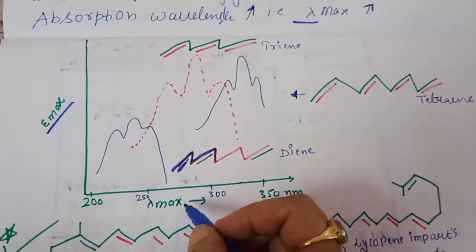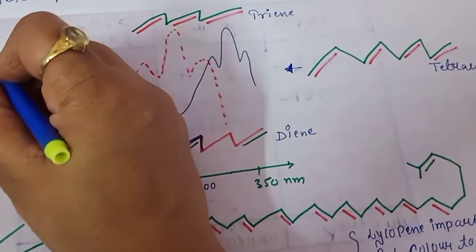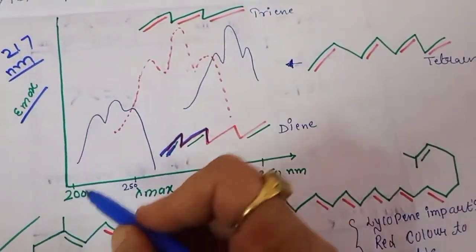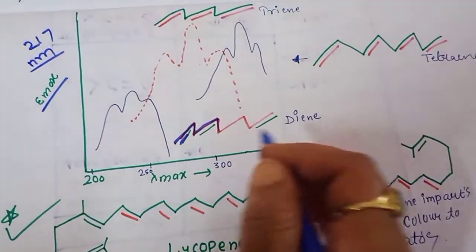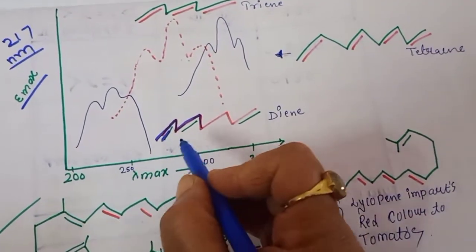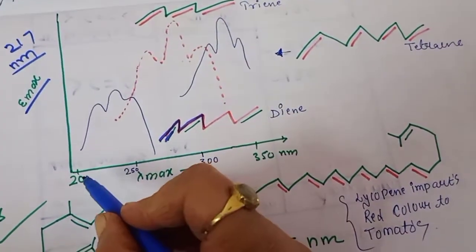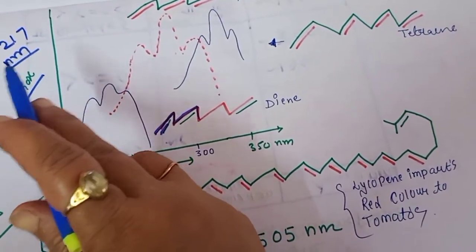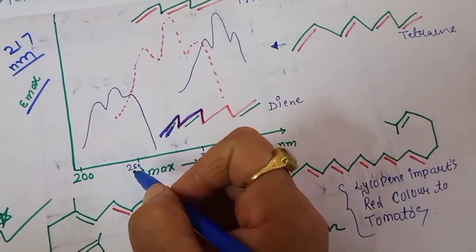In general, for 1,3-butadiene the absorption wavelength is 217 nanometer. If we take the range between 200 to 350 or 400 nanometer, we get a peak between 200 and 250, for 1,3-butadiene exactly near 217. So for this diene we get a peak between 200 and 250.